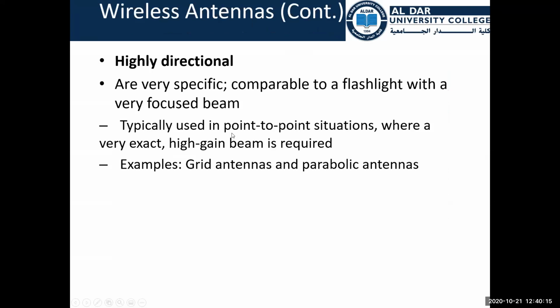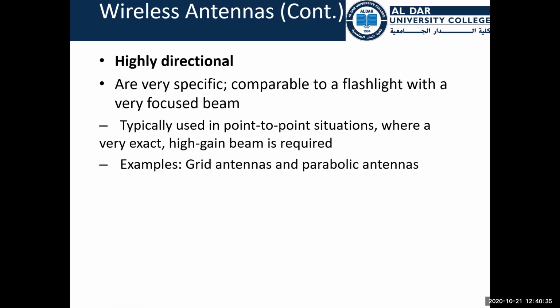Here, the highly directional antenna is like a flashlight, or a beam of light. A very focused beam. It even behaves like light, so if there is a barrier in front of it, it may not be able to communicate.